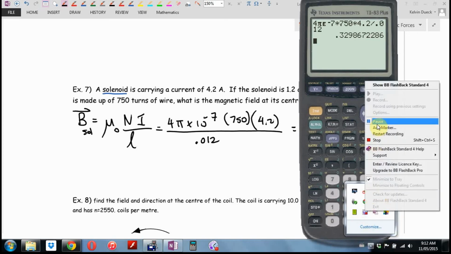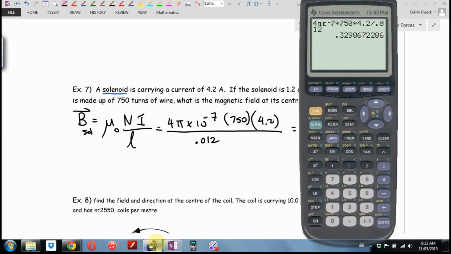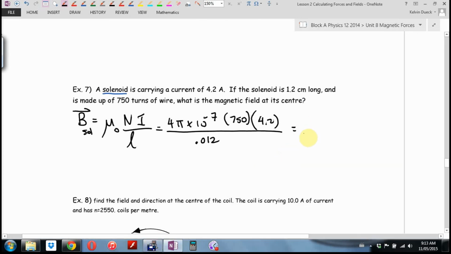Don't clear your screen. Some of you have to type pi times 4 times 10 to negative 7, scientific notation button, negative 7. I know the TIs, the software can handle the 4 pi followed by it. Anyways, we get a magnetic field of 0.33 Teslas.